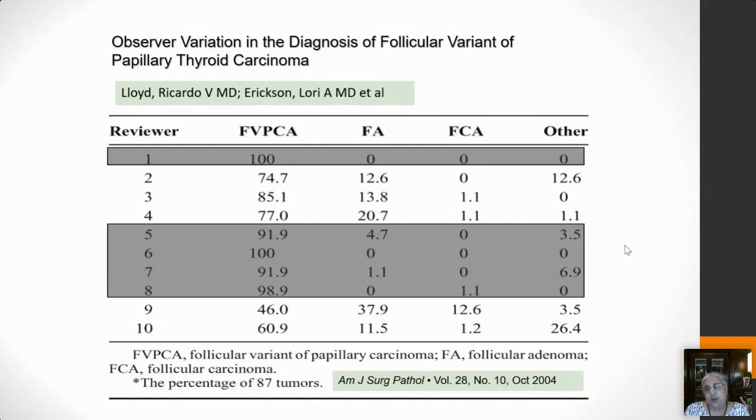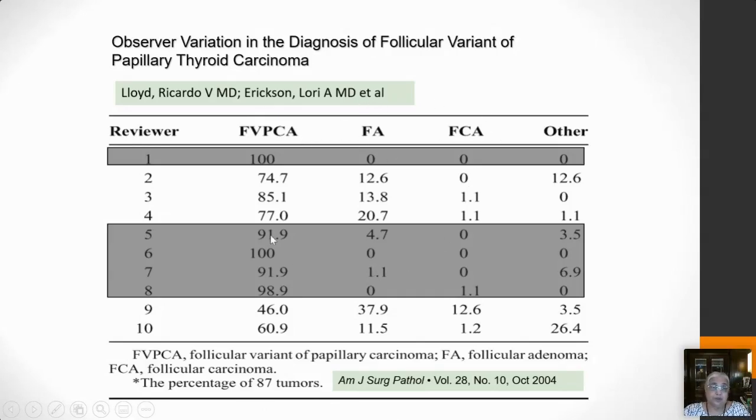And it became very obvious that when experts were asked to examine cases and categorize them, and this was one paper where you had 10 experts, all these reviewers were experts, and they were given 87 tumors and asked to classify them either into follicular variant papillary thyroid carcinoma, follicular adenoma, or follicular carcinoma.